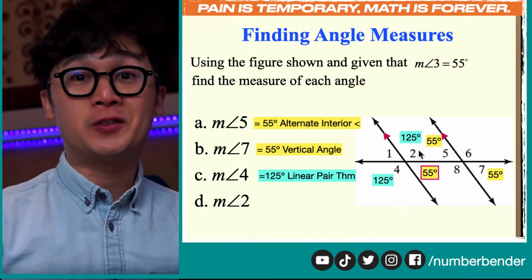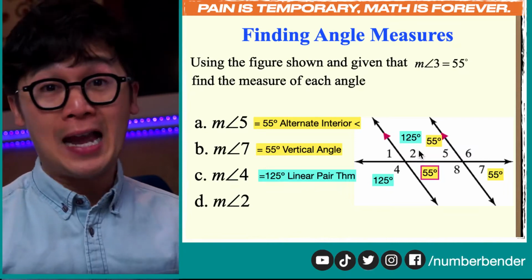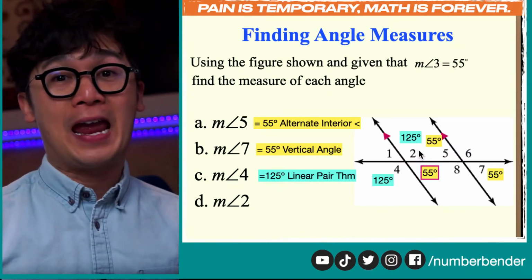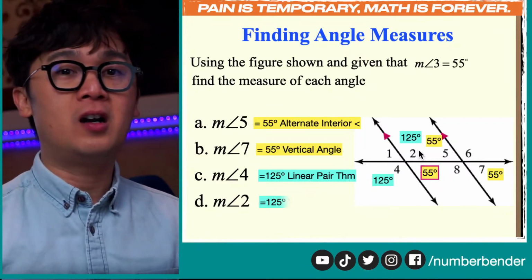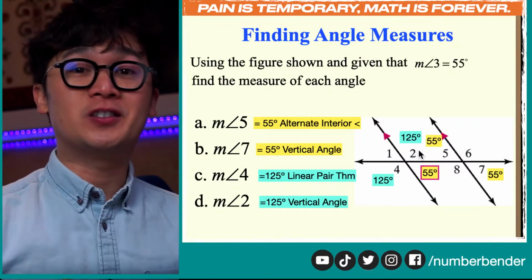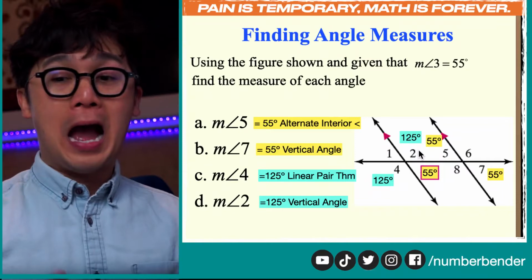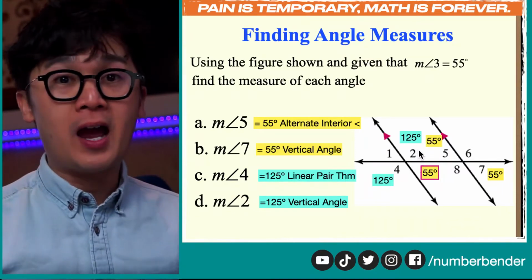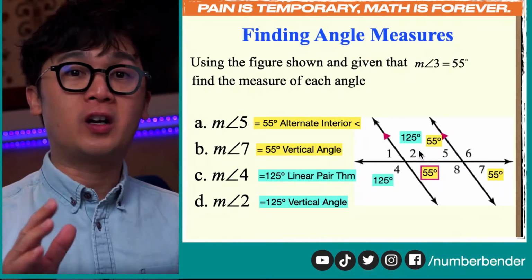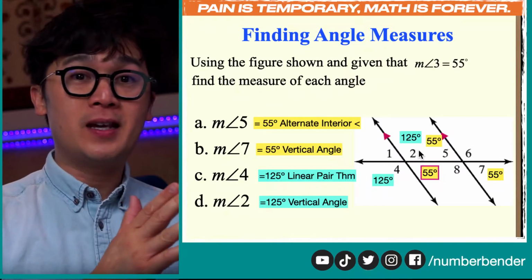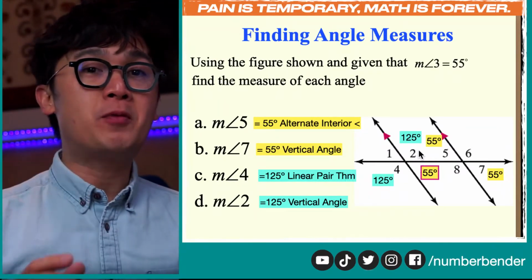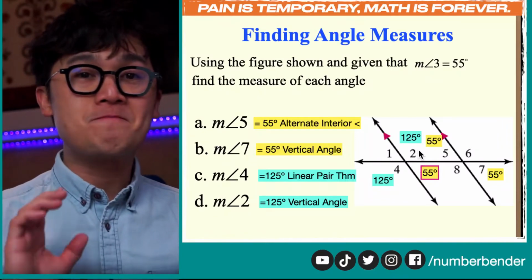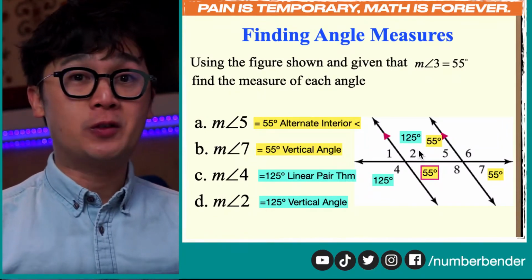And now that I have shown angle 2 by accident, we already know that angle 2 is 125 degrees, because they are vertical angles. This is how our thought process should be when we are working with theorems in geometry, answering problems similar to this one, in preparation for our lesson on writing two-column proofs.